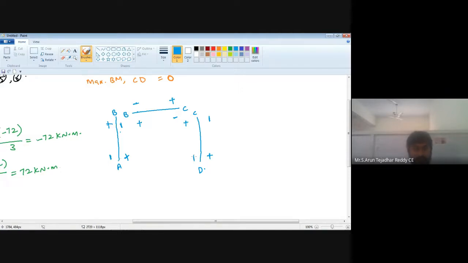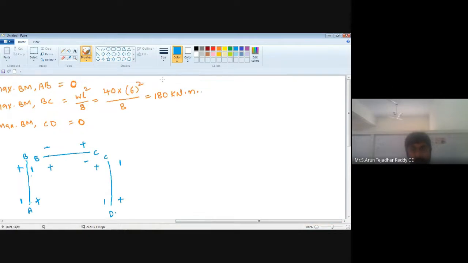Now based on that, draw the final bending moment diagram. Here first, draw the maximum bending moment diagram. First of all, draw the given diagram. This is the given diagram. Okay, A, B, C, D, no problem. Our value is 180 kilonewton meter.